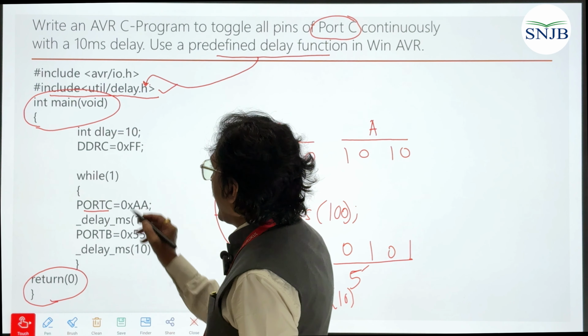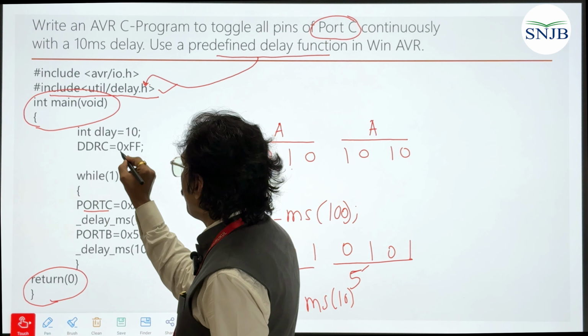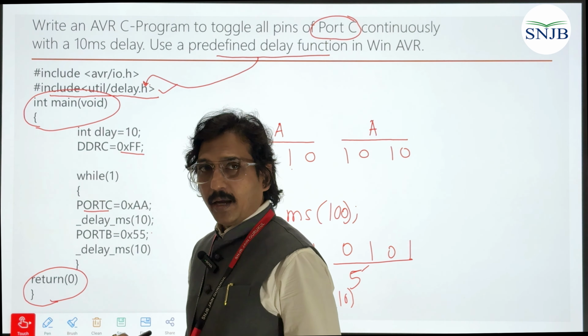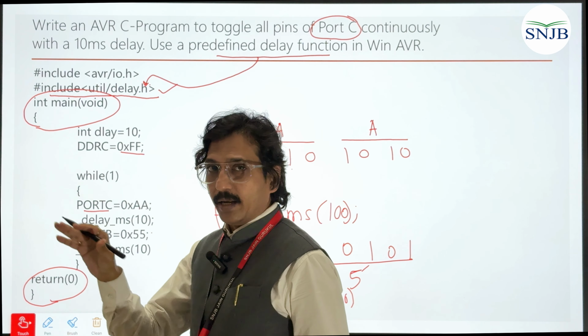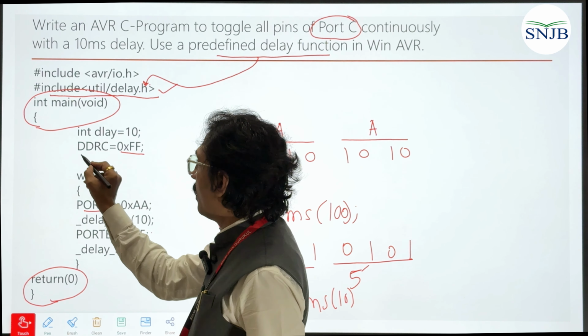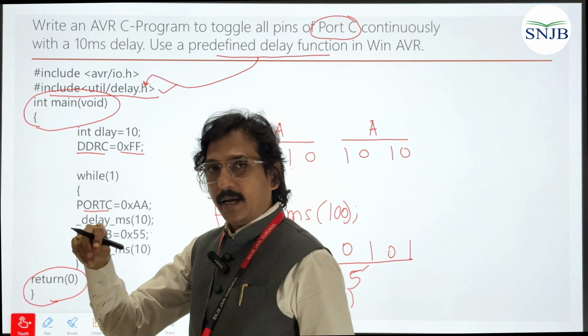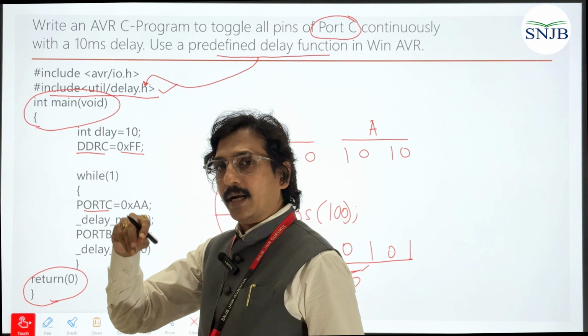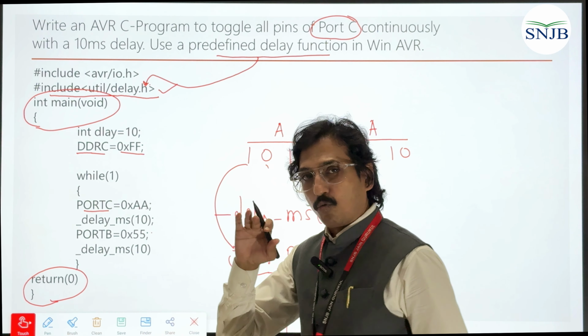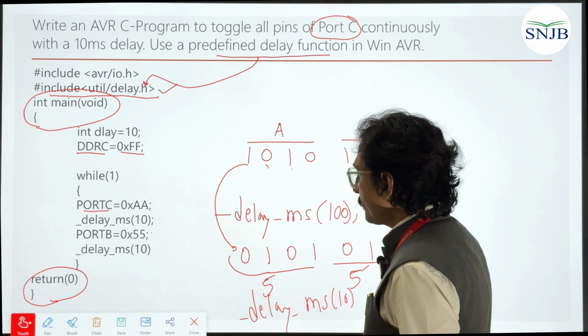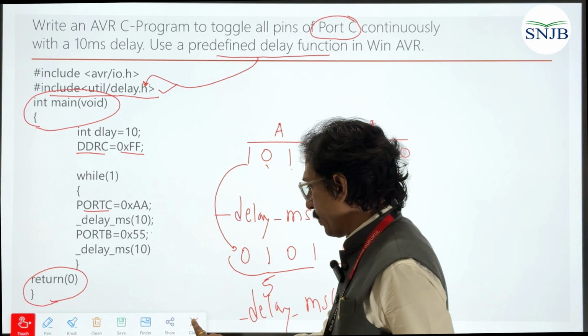As port C has been used, we save the FF value, meaning 1. When we put 1 into the data direction register, it means it can be configured as an output port. So this is about the next program.